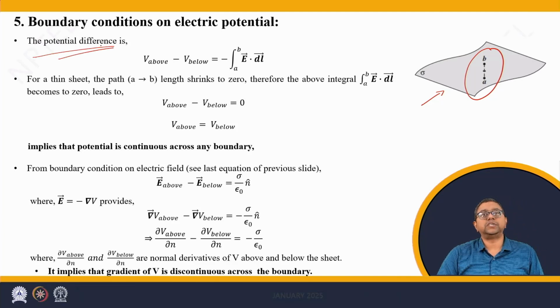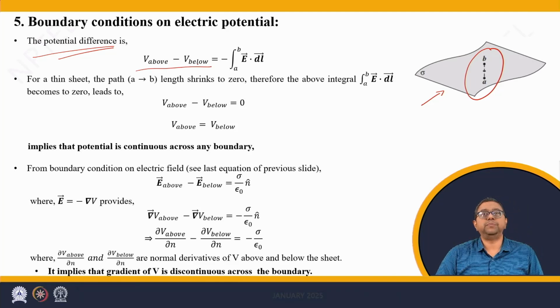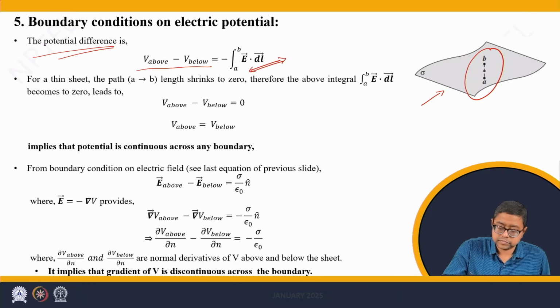The potential distribution is such that the difference of potential between these 2 points, that is V above minus V below, can be given as minus integral from A to B of E dot dl. This is nothing but the circulation of the electric field from A to B, because the potential is the work done in bringing a charge from infinity to point A. Hence, the difference is just taking the charge from A to B, which is nothing but E dot dl integrated from A to B.